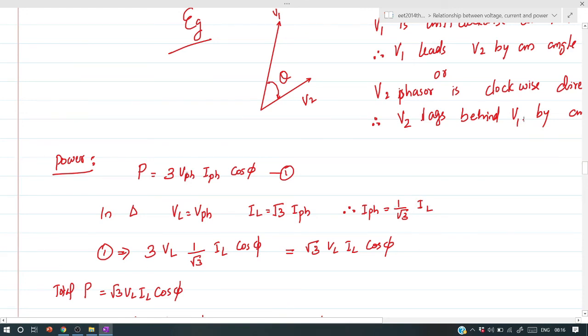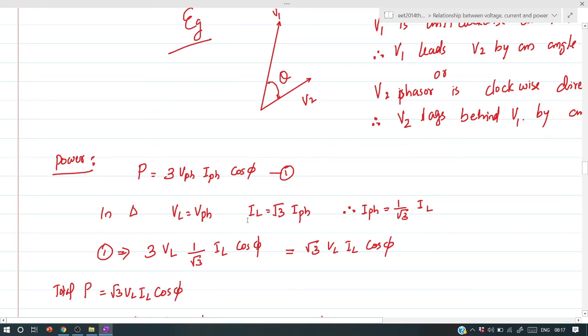Now, if we substitute VPH as VL and IPH as IL by root 3, after simplification, equation number 1 can be written as root 3 VL IL cos phi. So the power equation in a star connected system and a delta connected system is the same. That is, P is equal to 3 VPH IPH cos phi or root 3 VL IL cos phi.